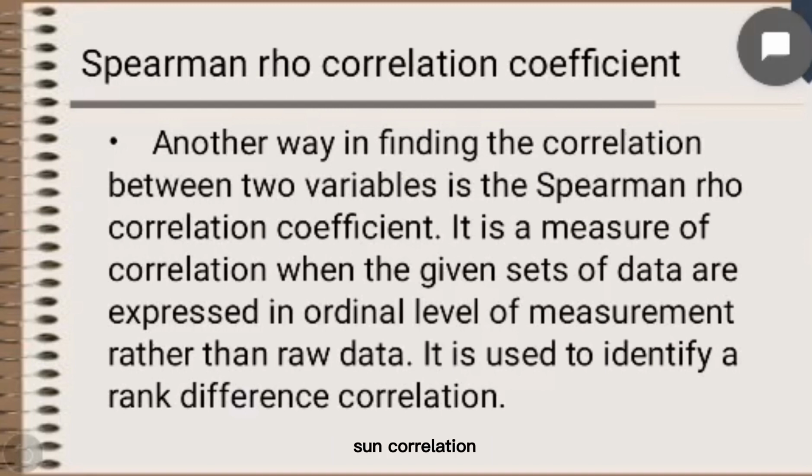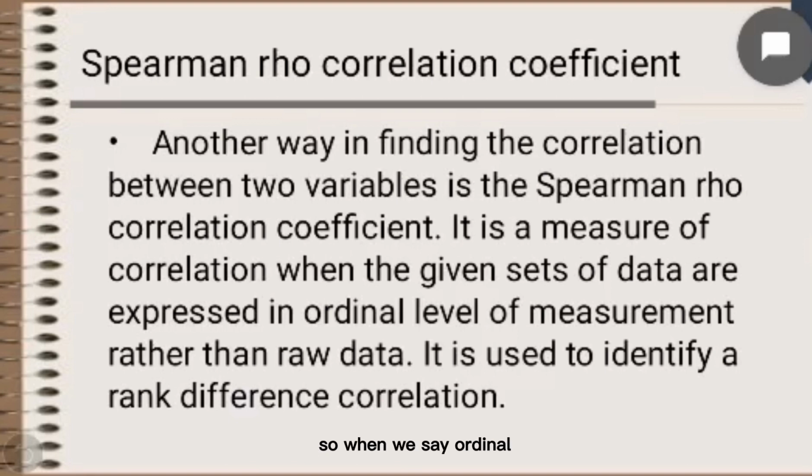Now, if the Pearson correlation coefficient is the statistical measure of the strength of a linear relationship between two variables, the Spearman-Rho correlation, on the other hand, is a measurement of correlation when the given sets of data are expressed in ordinal level of measurement rather than raw data.